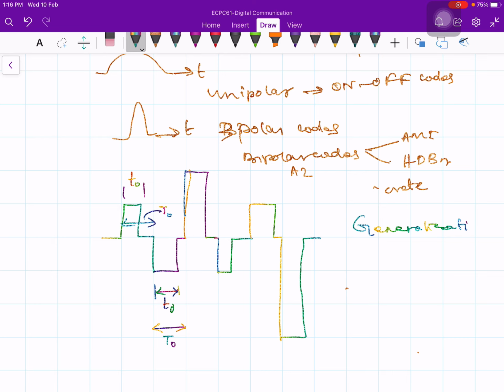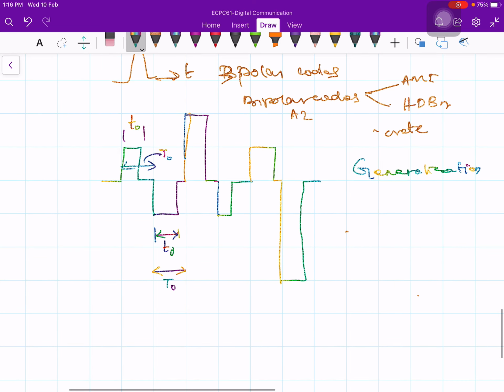But you can allow this pulse, instead of being partially on, to be fully on for the whole duration. In this case, small t naught is equal to capital T naught. It doesn't matter; it's up to you how you are going to design the code.